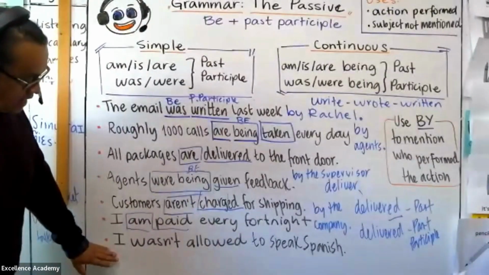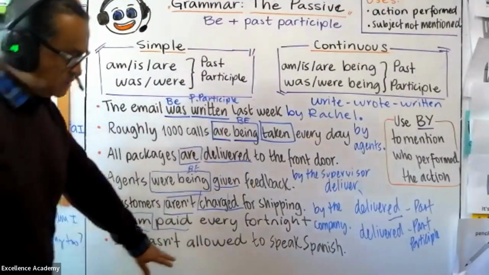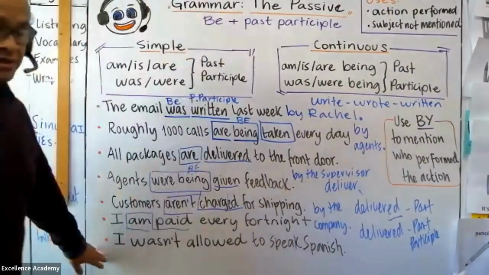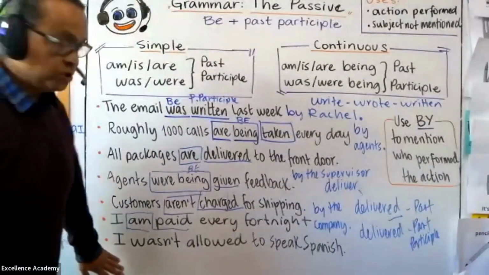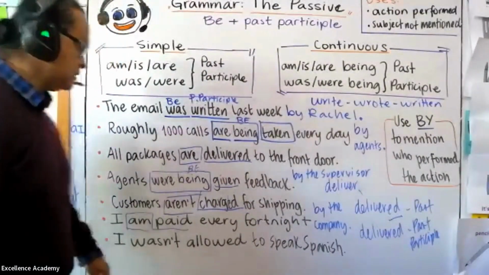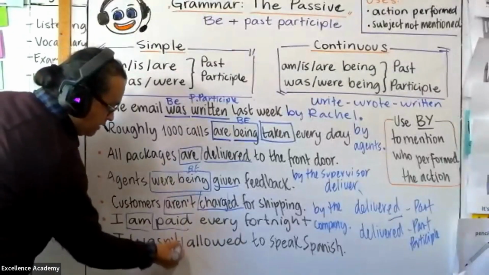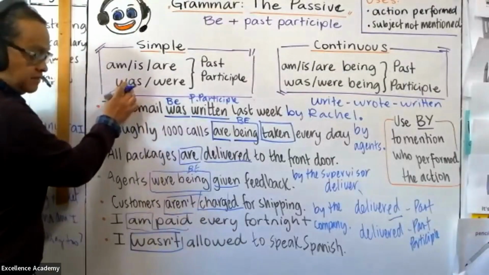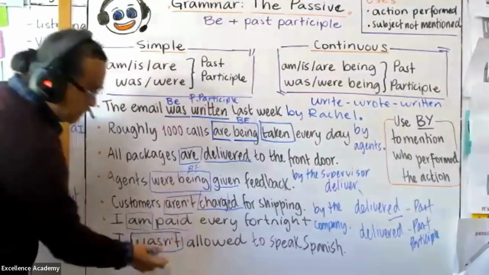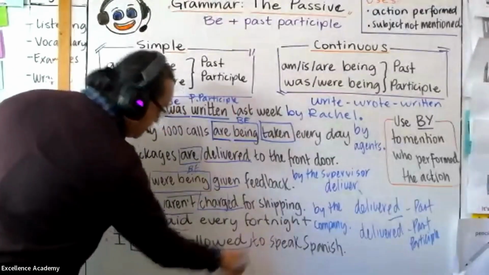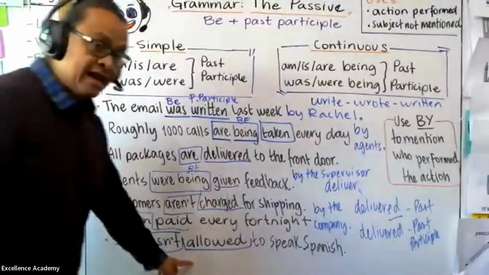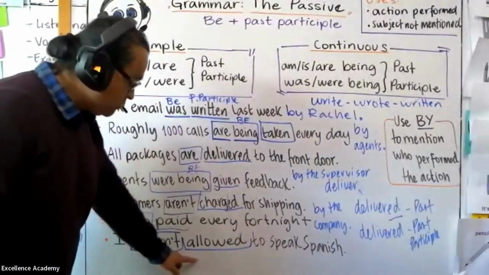And finally, I wasn't allowed to speak Spanish. I wasn't allowed to speak Spanish when I was working as a CSR. I wasn't allowed to speak Spanish back in the day. So here we have the negative form of the simple past, which is wasn't. Allowed, we're using the past participle form of the verb allow. I wasn't allowed, right?